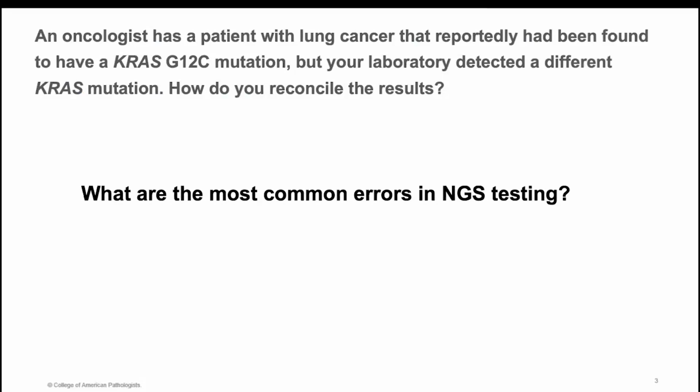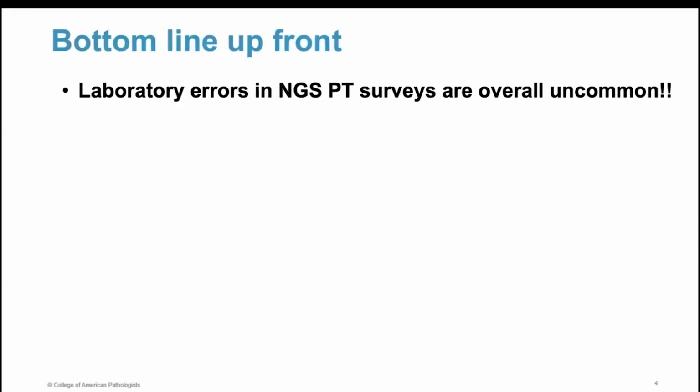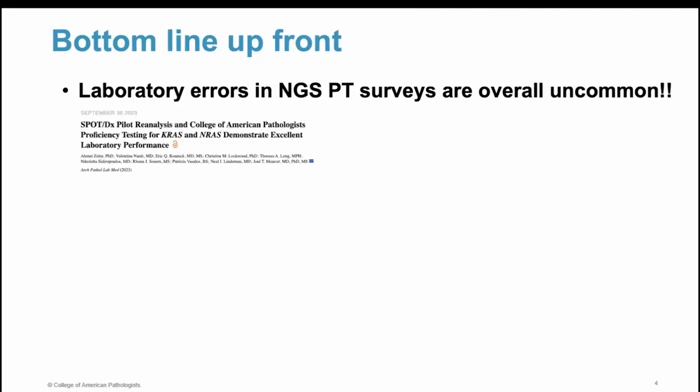The bottom line up front is that laboratory errors in NGS PT surveys are overall really uncommon. Laboratories perform really well. This is also highlighted in a more recent publication from the same molecular oncology committee from the CAP, demonstrating very good performance in detecting KRAS and NRAS mutations by laboratories.